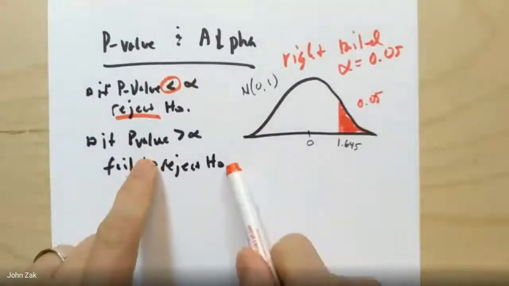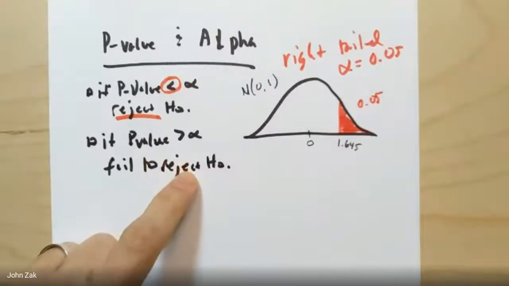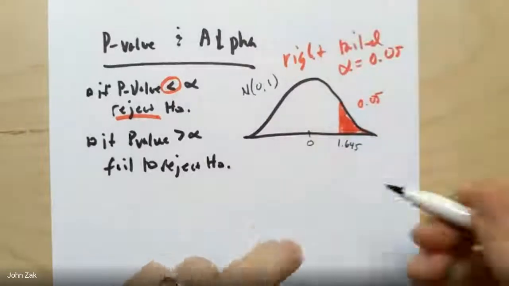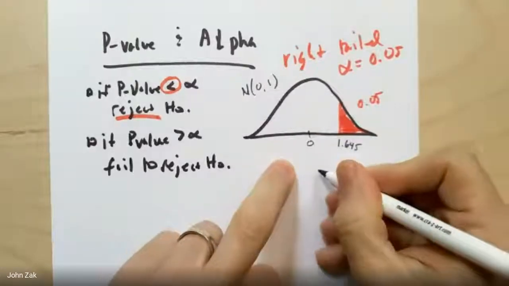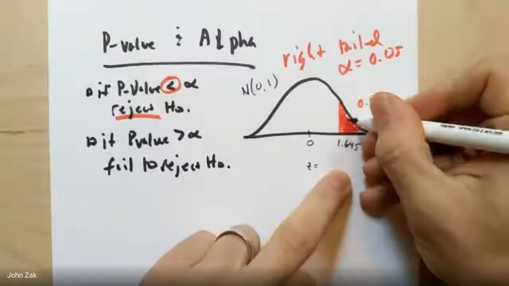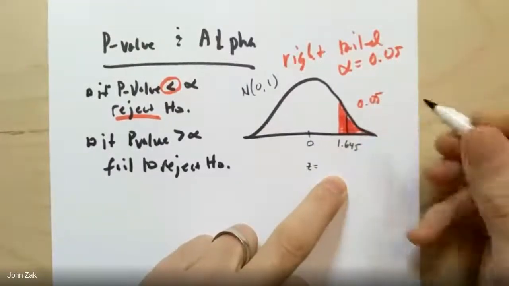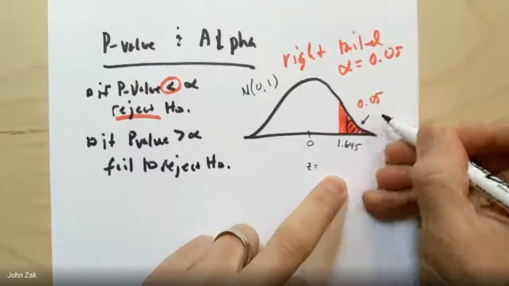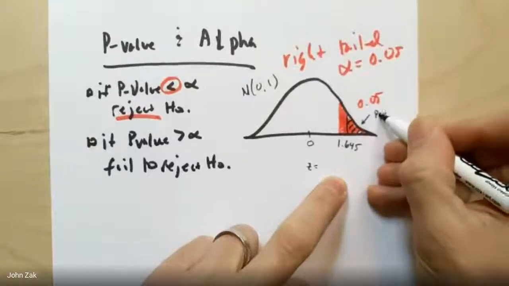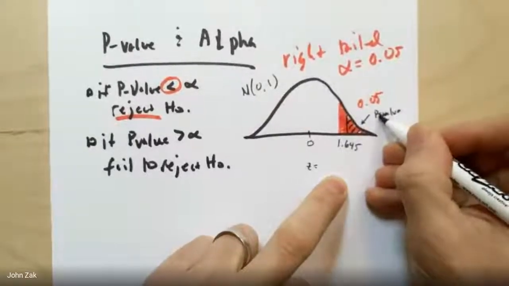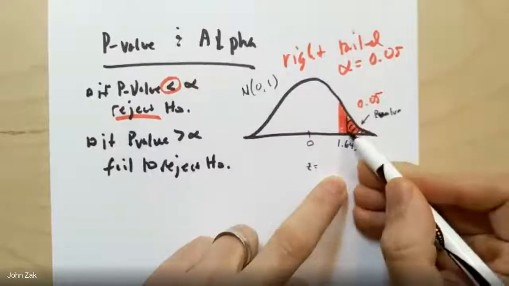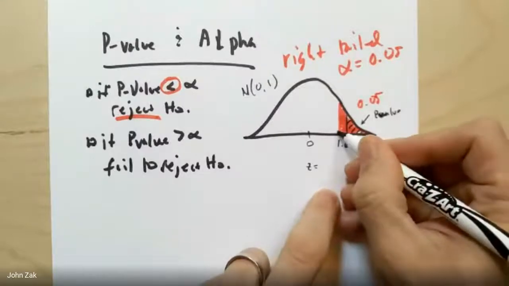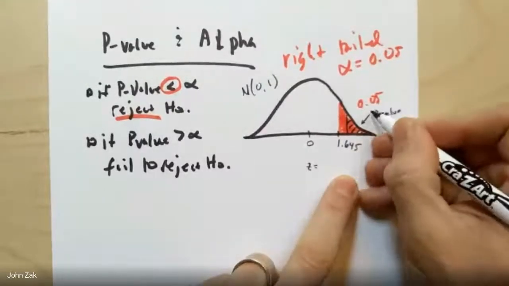If our test statistic, the z-score for our sample, ended up over here, then the p-value might be just this little bit of area right there. Calculated using normal CDF, this would be less than 5%.